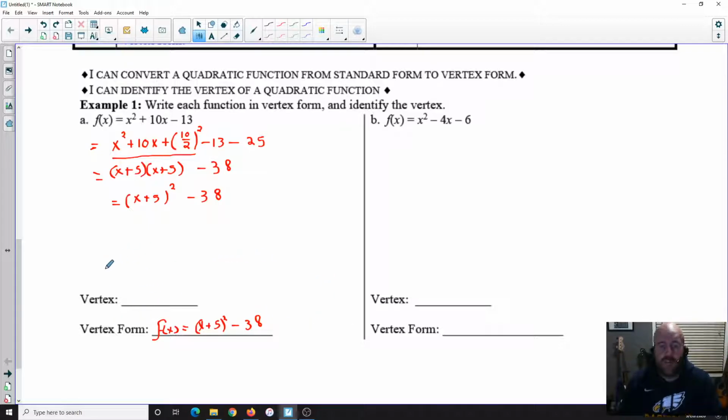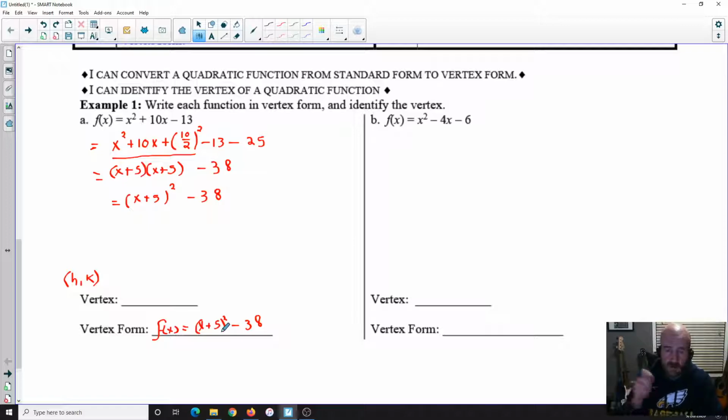All right, now the vertex. The vertex is our minimum value if our parabola is opening up, and it's our maximum value if our parabola is opening down. The vertex is the h and the k. I'm going to write that here for the first example. Looking back at our format up above, our h value is in x minus h, so really this is x minus negative 5.